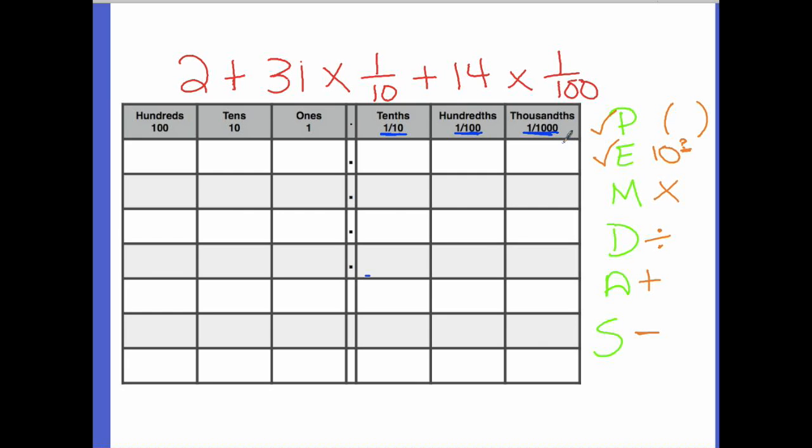But if I have this number, 31, and if I have 10 to the power of 1, would my number get bigger?